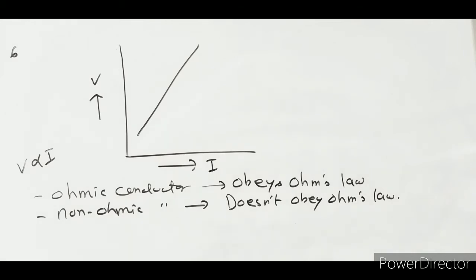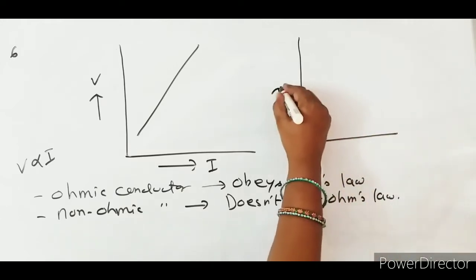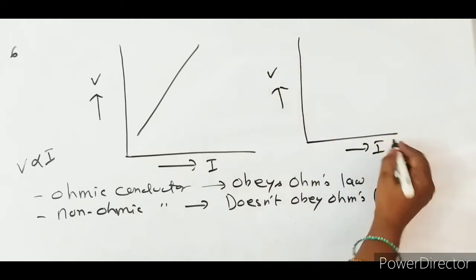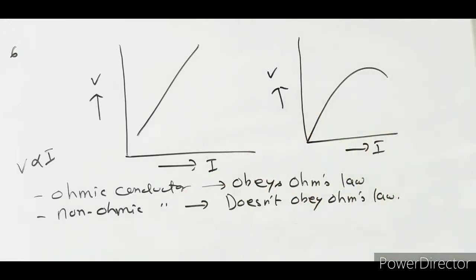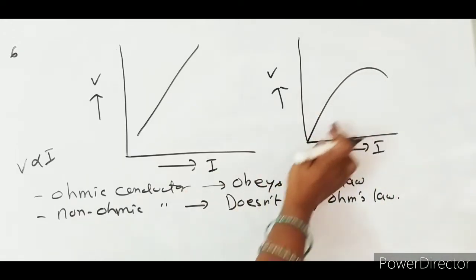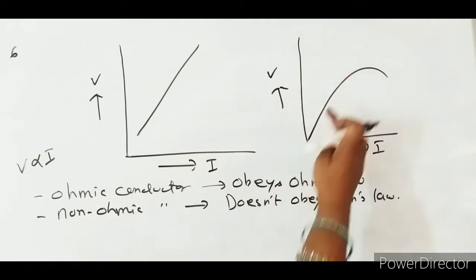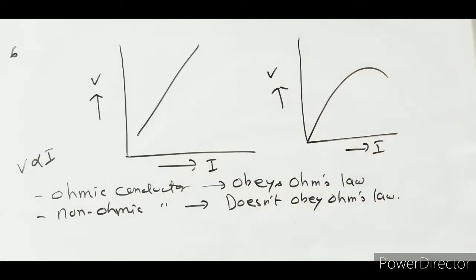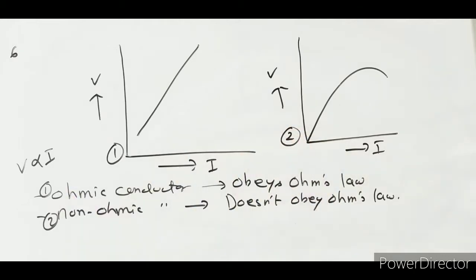But in case of a non-ohmic conductor, taking the same V and I graph, it is not a straight line. It can be like this, or like this. This shows that up to some extent it obeys Ohm's law, and after that it does not obey Ohm's law. So this is non-ohmic. Let this one be 1 and this one be 2. This graph is for 1, this graph is for 2.